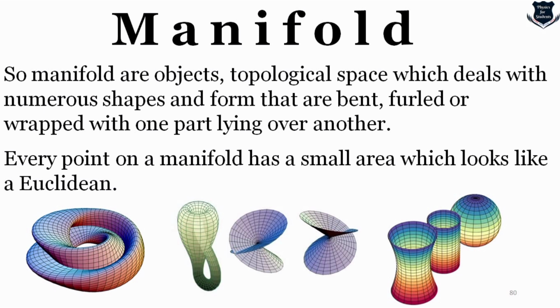Manifolds are objects in topological space which deal with numerous shapes and forms that are bent, right? And every point on a manifold has a small area which looks Euclidean. This is very important. I have a separate video on manifolds, Riemannian manifolds, and different types of manifolds in the differential geometry playlist. You can have a look at that.